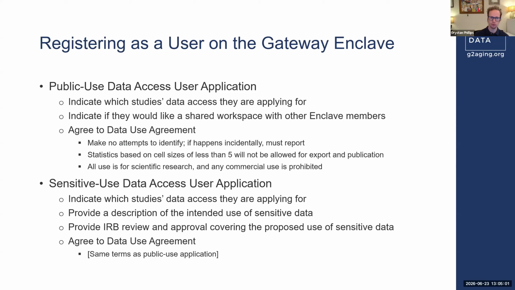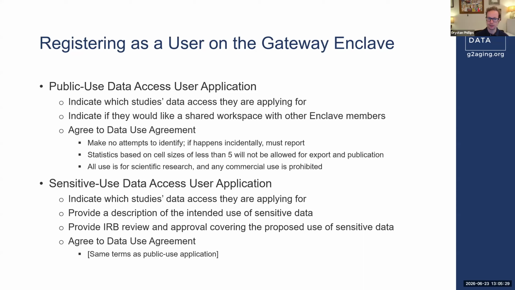To register as a user on the Gateway Enclave, we try to make the process very straightforward. There are two levels of registration: one is public use data access, and one is sensitive use data access. For public use data access, you would indicate which study's data access you're applying for. You can also indicate if you would like to have a shared workspace with other Enclave members. So if there are other members of your team who want to work on the same data files on the Enclave, you can all list each other and have access to each other's work.